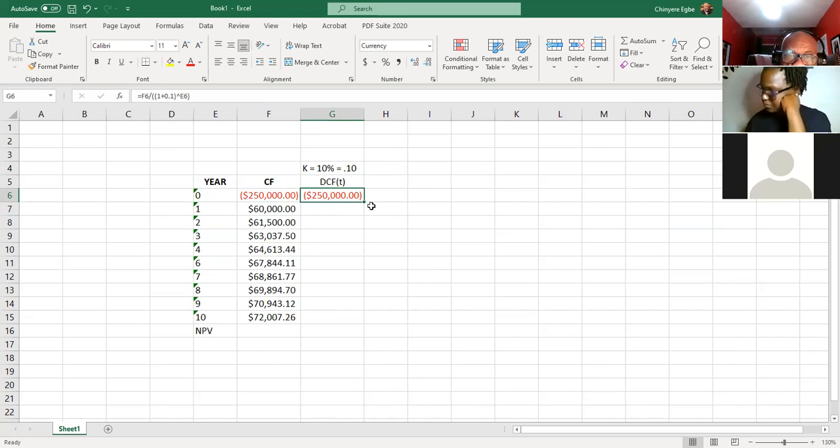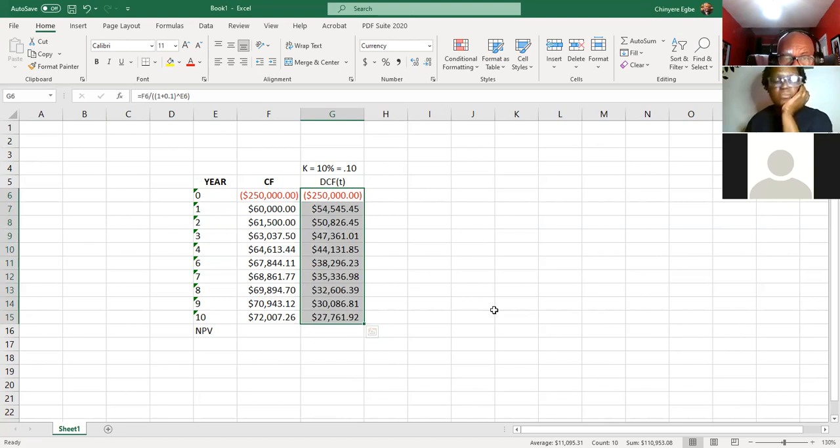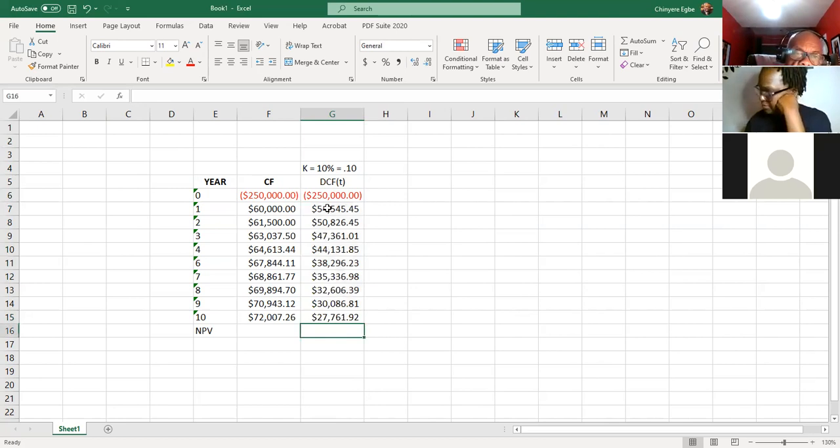Once we do this on a spreadsheet, that's easy. And we drag it down. All right. And so the net present value will be the sum of all the positive cash flows minus the investment. Okay, so we can sum all of that.